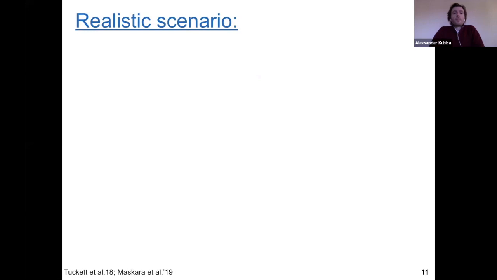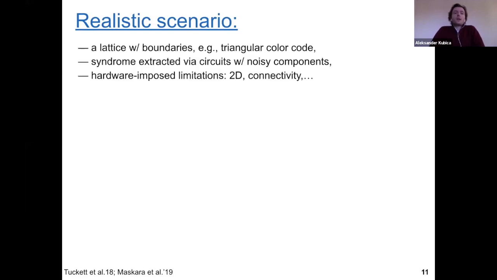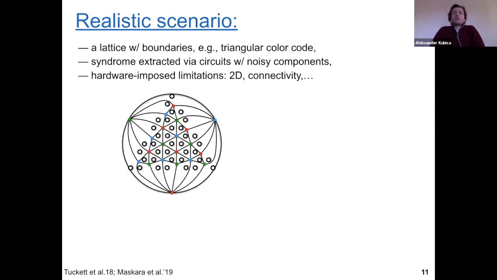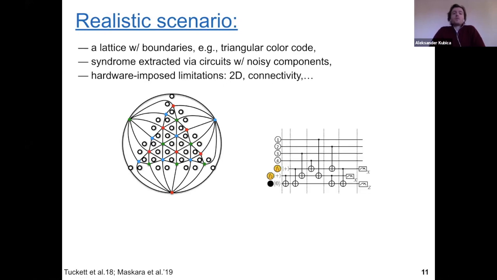Also, I would like to make a comment about a realistic scenario in which we want to consider a system on a lattice with boundaries, for instance, the triangular color code. And we want to think of a procedure of extracting syndrome, which is done via some quantum circuit with ancilla qubits and noisy components.